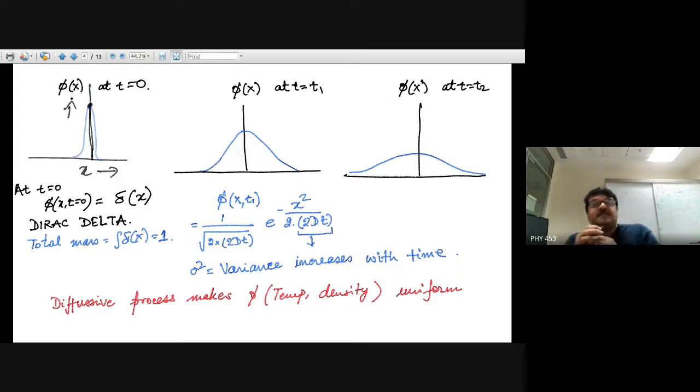But if the boundary condition goes to infinity, and phi is 0 at infinity, then as a consequence of the diffusion equation, the concentration of a chemical, suppose a perfume, spread at a certain point in space, is going to spread over all the room. It will become uniform, the perfume will become uniform in a closed space. So that's the message of the diffusion equation.